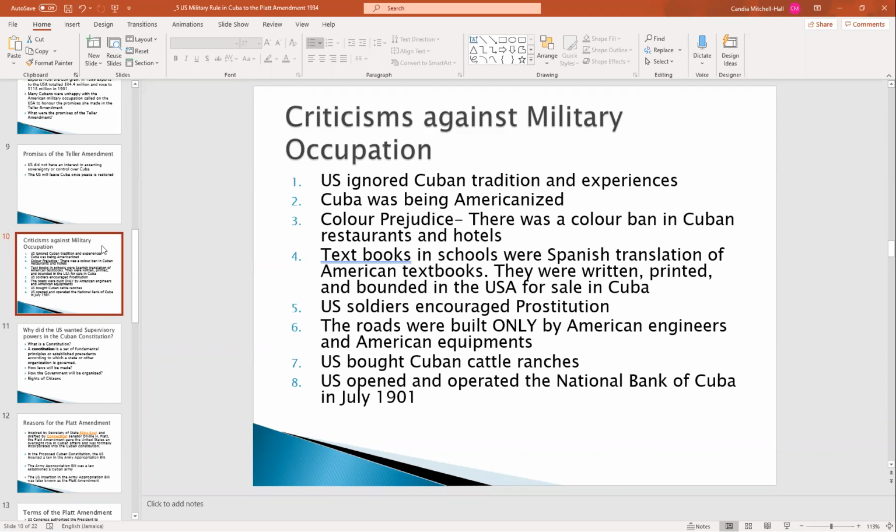All the textbooks that were used in schools in Cuba were American textbooks. Instead of the US soldiers protecting the Cubans, they get them involved in prostitution. They are building roads, but all the persons they are using to build the roads are Americans.